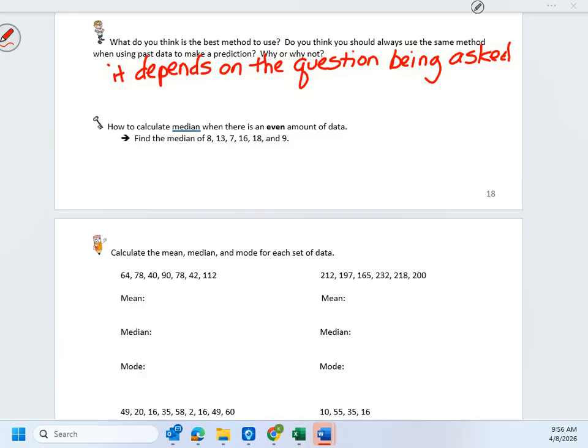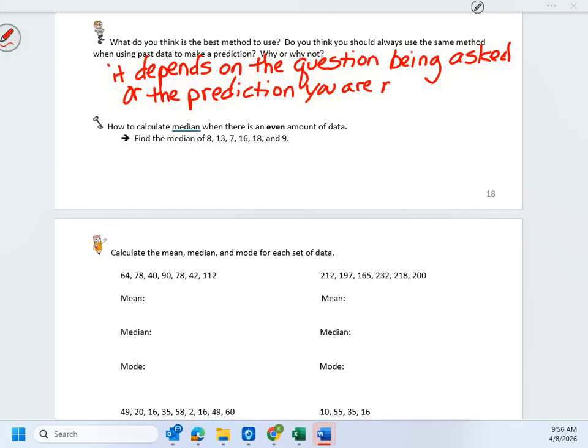It all depends on the question being asked or the prediction you are making. So we talked about the question of what would the next score of the basketball game be. Median really wasn't a good method to use for that. There might be a question where we do want to know the middle number. And in that case, median would be the best method. But to answer that original question, it is not.